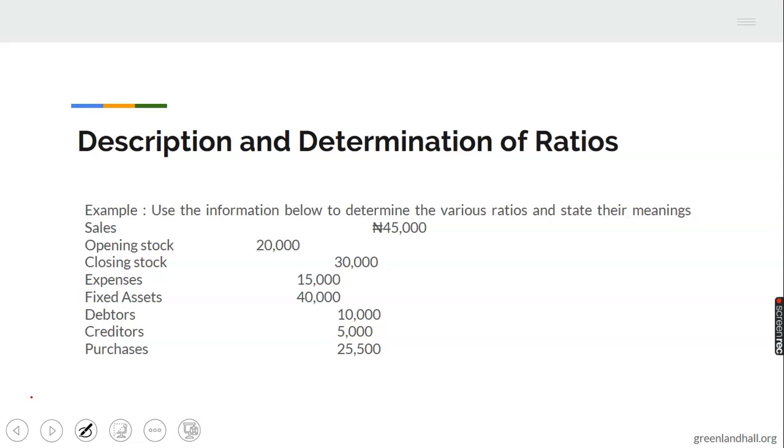For example, we are asked to use the information below to determine the various ratios and state their meanings. We are given sales of 45,000, opening stock 20,000, closing stock 30,000, expenses 15,000, fixed assets 40,000, debtors 10,000, creditors 5,000, purchases 25,500.